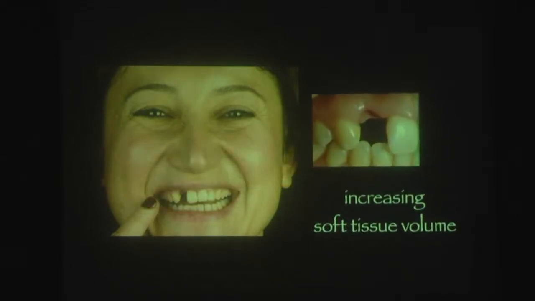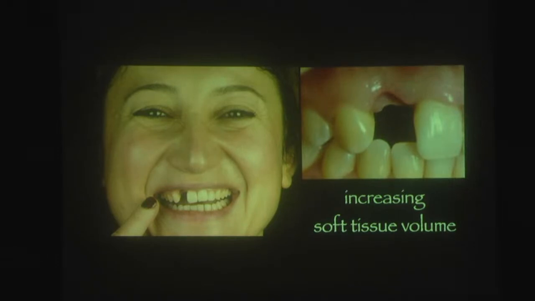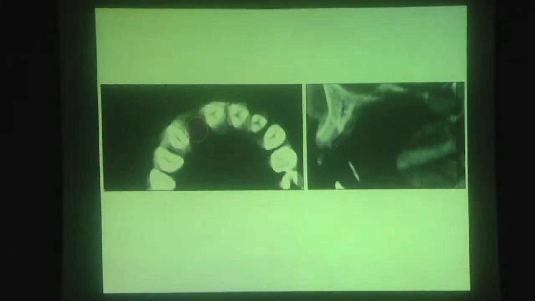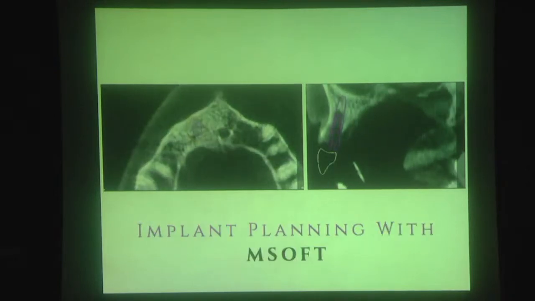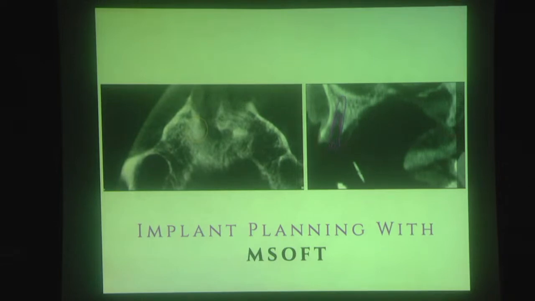And sometimes we need to increase the soft tissue volume on missing sites. This is number 12. There was an endodontic failure, and then we had to extract this tooth. And here we need bulky soft tissue, so we need to do something.